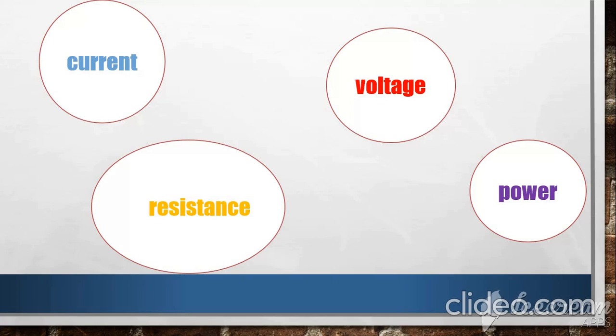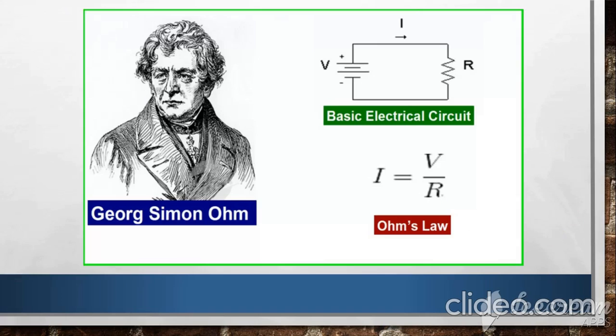You know that current is the flow of electrons and voltage is the potential difference between two points, and resistance is the opposition to the flow of current, and power is the product of voltage and current, and the unit of power is watts. So you will be studying these terminologies in detail in this module.